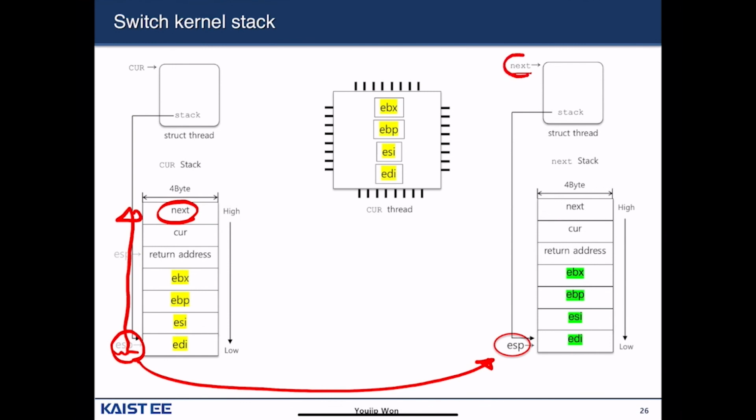After that, it identifies the offset between the beginning address of the thread structure and where the stack resides. This is 24 bytes. After that, you can retrieve the location of the stack top pointer from the thread structure. Then the stack top pointer has successfully changed from the current thread to the new thread.